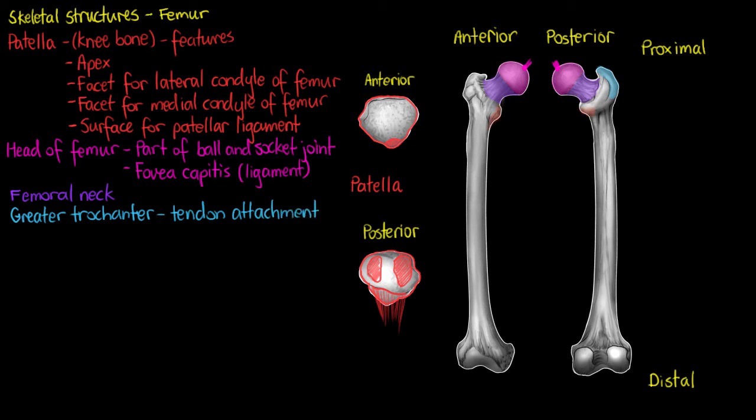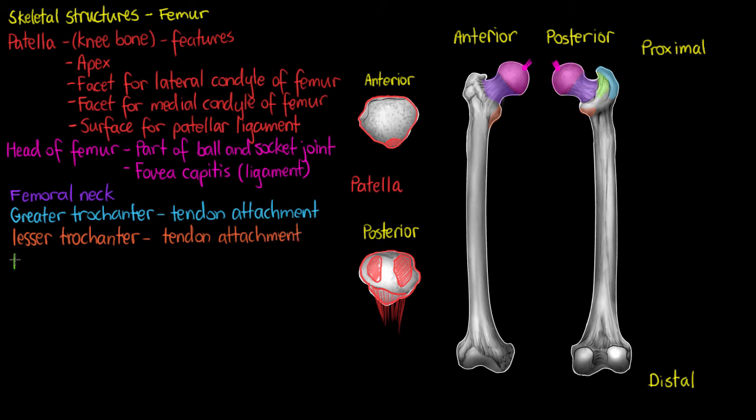The greater trochanter acting as a prominence that is an attachment point for our tendon. And we also have a lesser trochanter that I've highlighted in orange that we can see from both the anterior and posterior aspects. That's also going to act as a tendon attachment point.